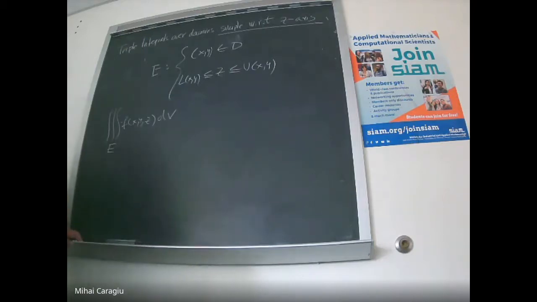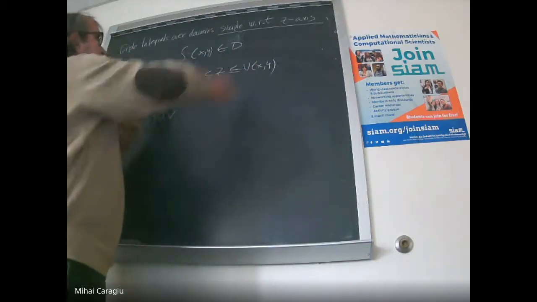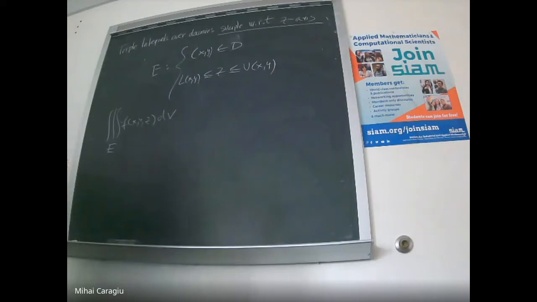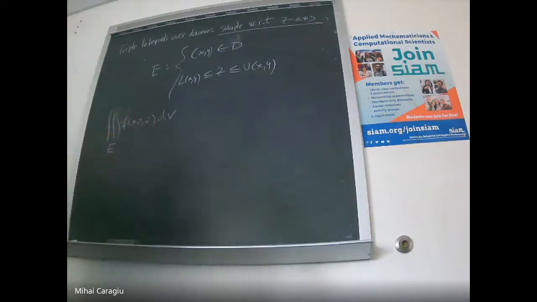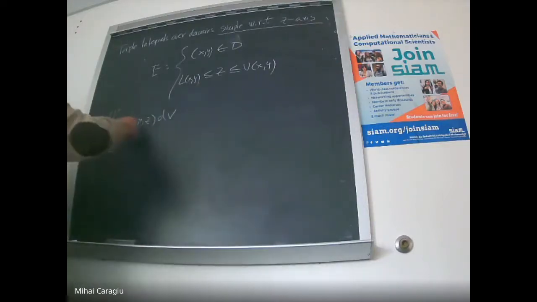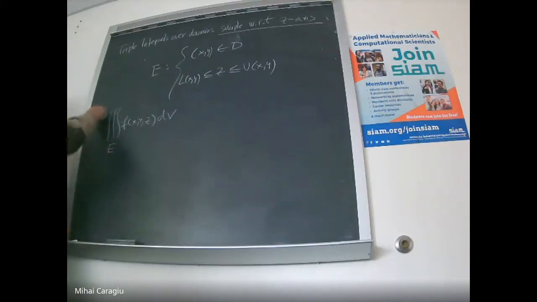This is a domain which is simple with respect to the z-axis, right? Because the z coordinate is between a lower and upper surface. Similarly, we can define domains which are simple with respect to the y-axis or the x-axis. The technique of calculating such integrals is to reduce to a double integral.